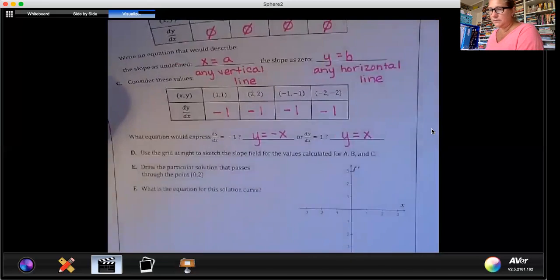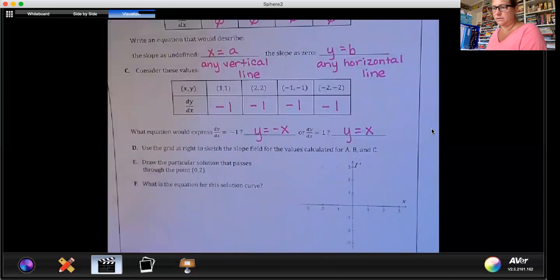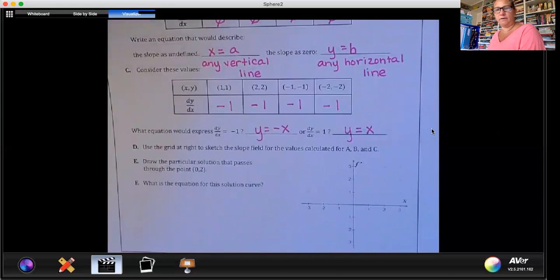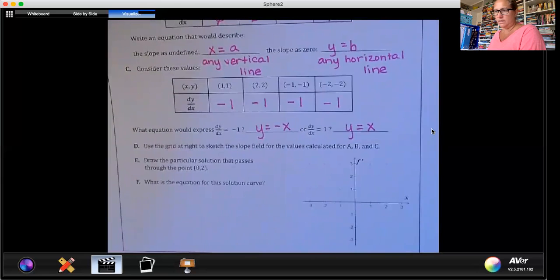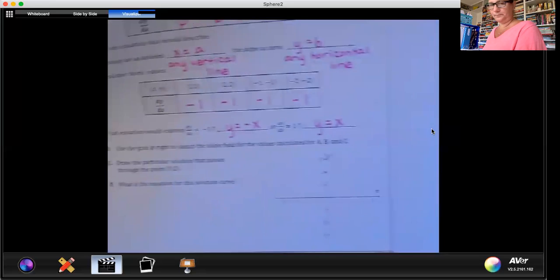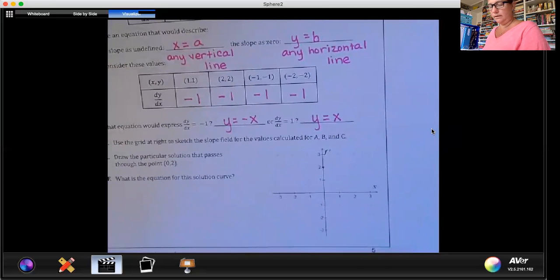All right, so we're going to use the grid at the right to sketch the slope field for the values calculated for A, B, and C. We're going to draw the particular solution that passes through the point 0, 2, and then what is the equation for the solution curve? All right, if you will take just a second and pause your video, I want you to plot your points.